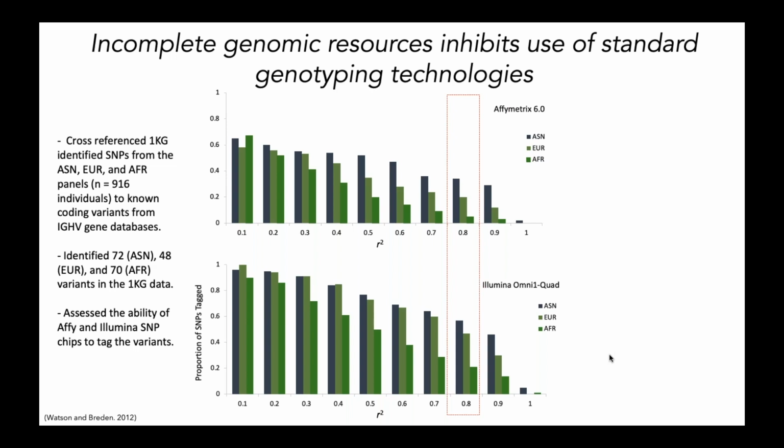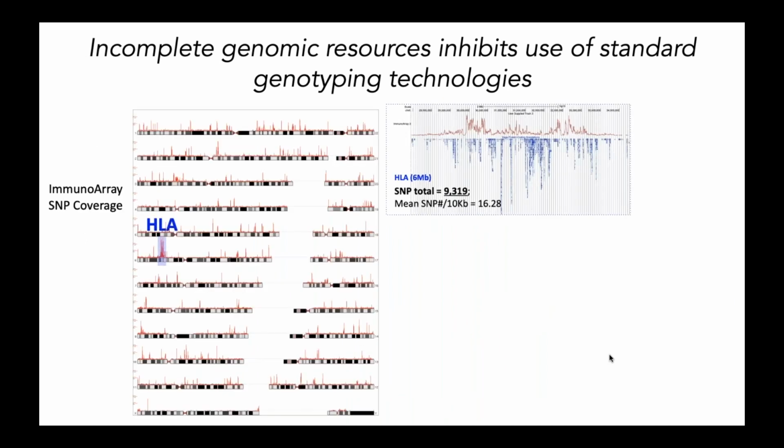This is looking at known V segments across the locus. We can see at R² about 0.8 that in all of the populations that we looked at in this particular study, less than 50% of those variants were actually tagged effectively. And of course, the implications of this, especially for immune system disorders, would be great given the number of GWASs that have been conducted over the years.